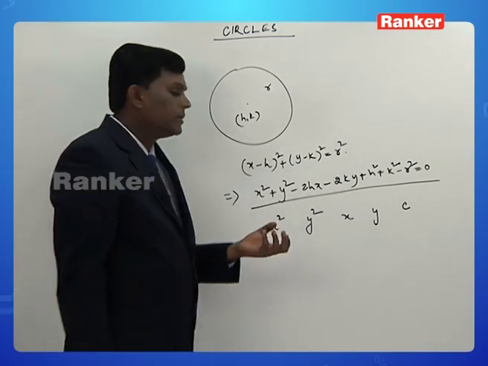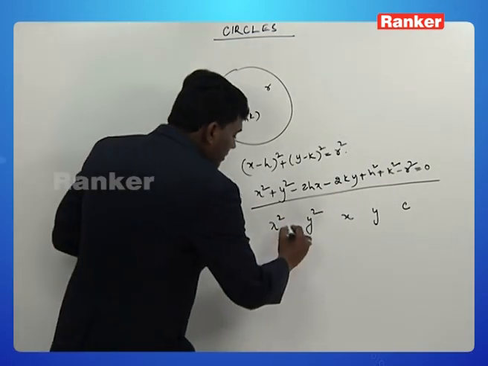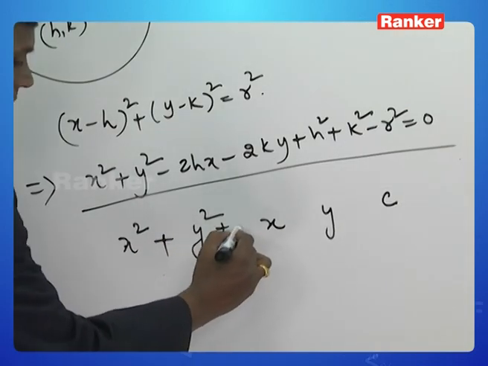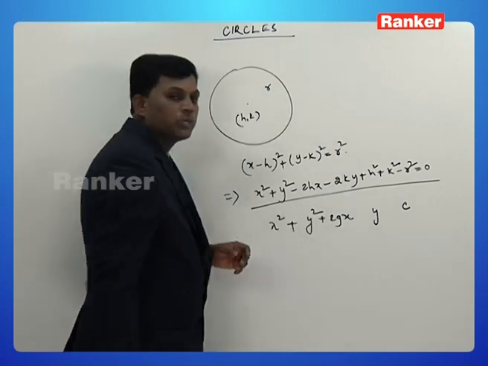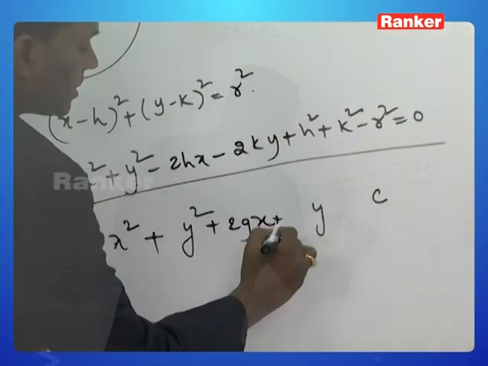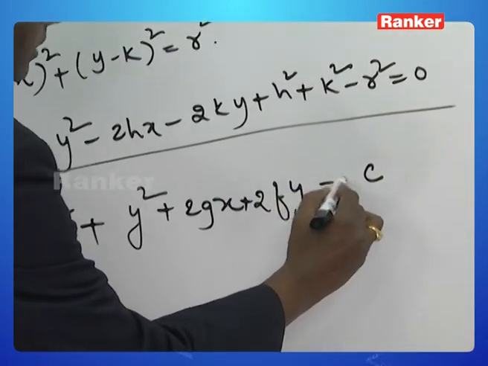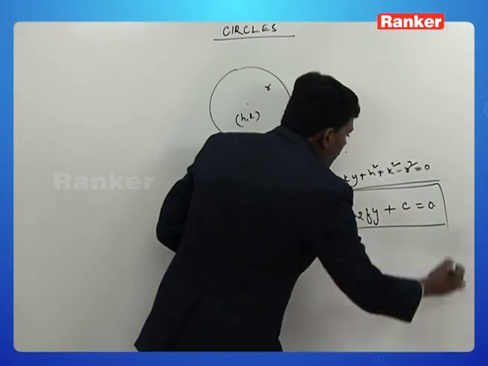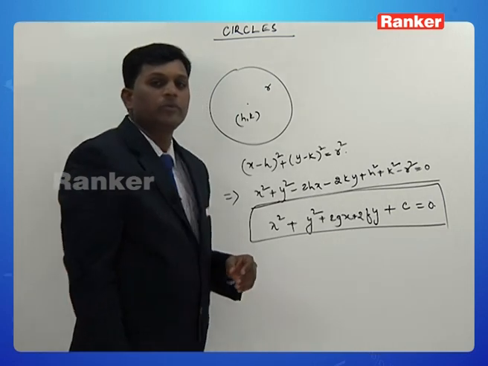That is why in general we can take a circle equation as x square plus y square plus some coefficient 2g into x, some coefficient 2f into y, plus constant c equals 0. This can be taken as the standard form of a circle.